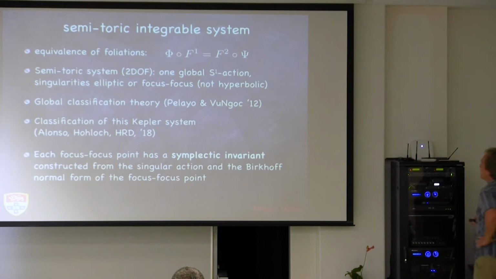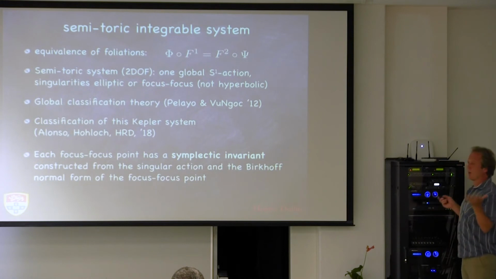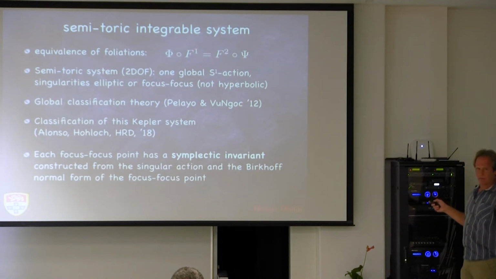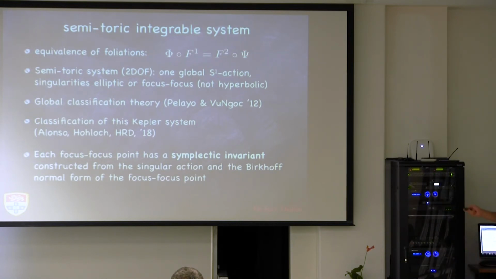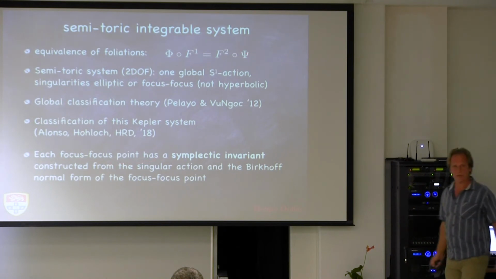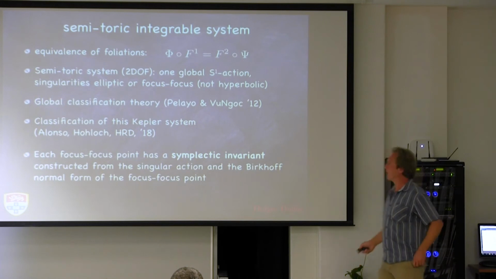For semi-toric systems, again, you would like to classify them and their foliation, in the sense that you have F, the momentum map for one of the systems, F' for the other system, and you're looking for two functions, psi and phi, so that this holds. One of them is a symplectic map, and the other one is a reparametrization of or mapping between your integrals.